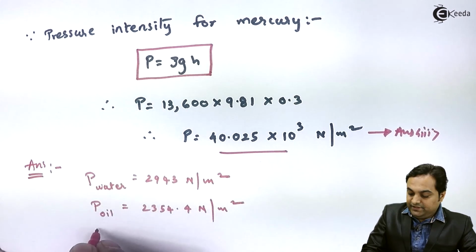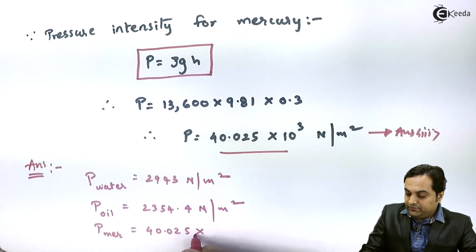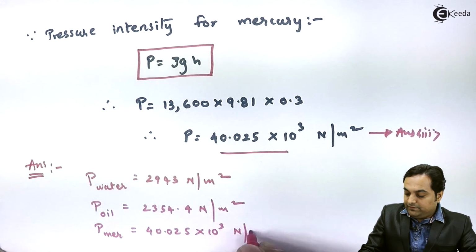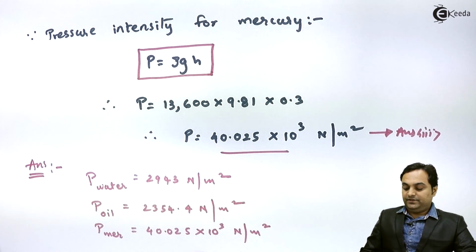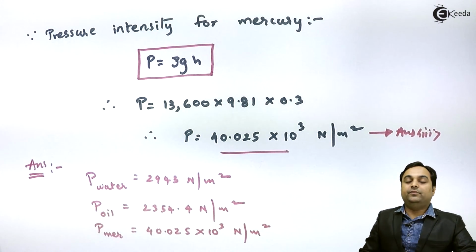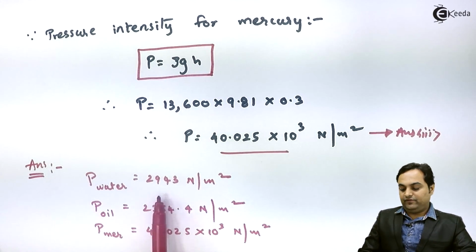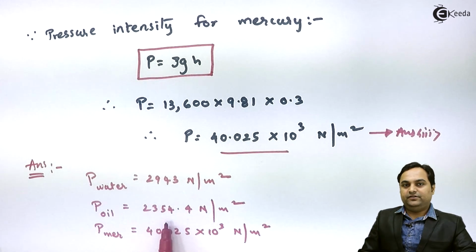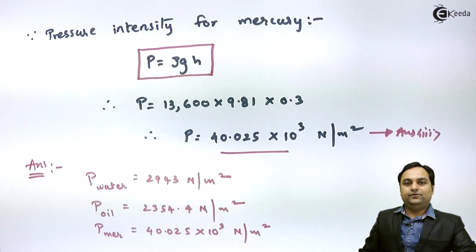And pressure intensity exerted by mercury, that answer is 40.025 into 10 raised to 3 Newton per meter square. So if we compare all the answers, the pressure exerted by mercury is most. It means mercury being heavier, the pressure intensity of mercury is more. And then comes the pressure intensity for water, and at last the lighter fluid is oil out of the three. So I hope in this video we have understood the pressure intensity calculations.